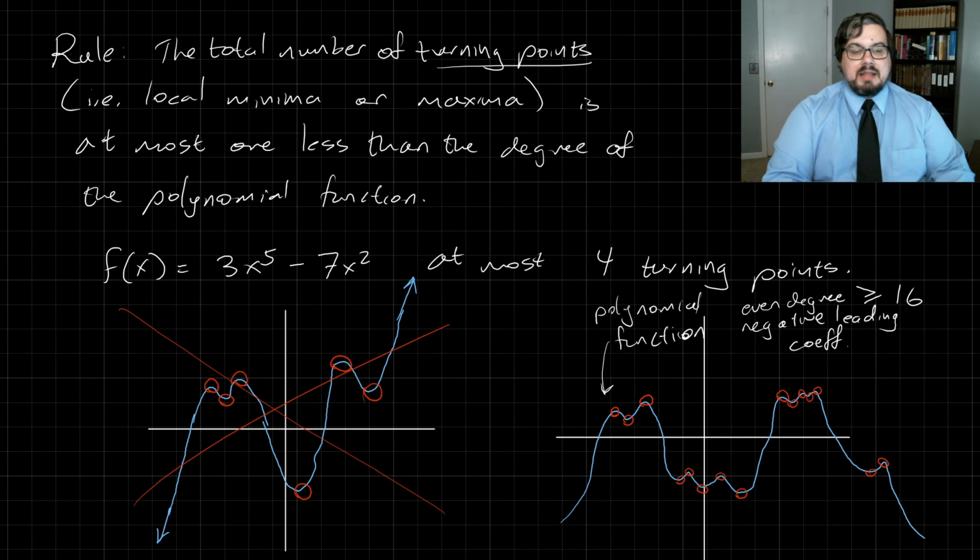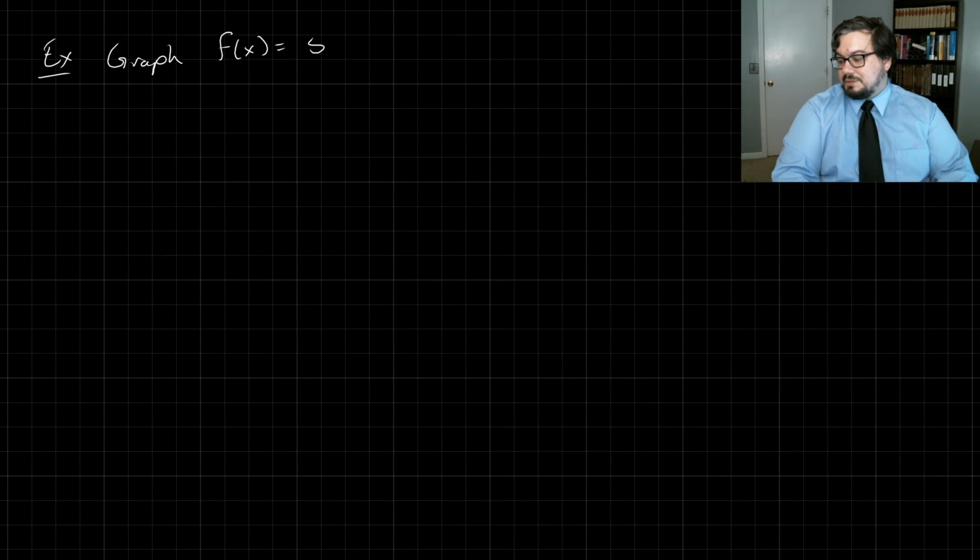So let's move on and do a couple more examples of graphing functions based on their intercepts and end behavior. Let's graph or sketch the graph of f of x equals 5x to the fourth minus 10x cubed.